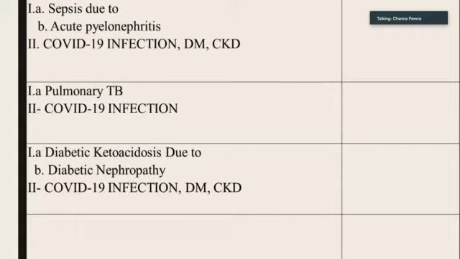The person did not die as a result of COVID-19 infection as a direct cause, but died due to sepsis, due to acute pyelonephritis, but was treated for COVID-19 infection. So 2 was COVID-19 infection. And people may die as a result of pulmonary TB. If they are infected with COVID-19, 2 is going to be COVID-19 infection. So these are some examples.